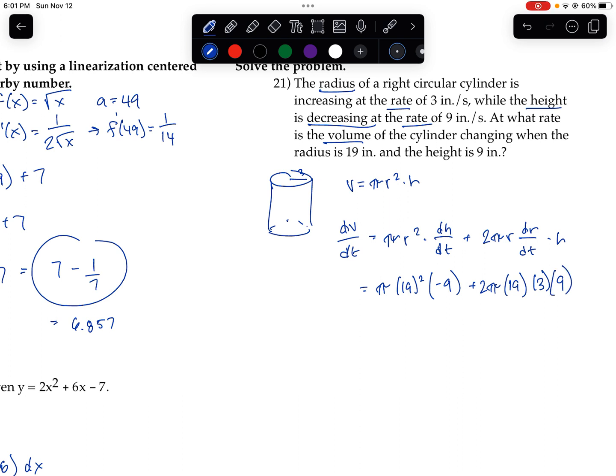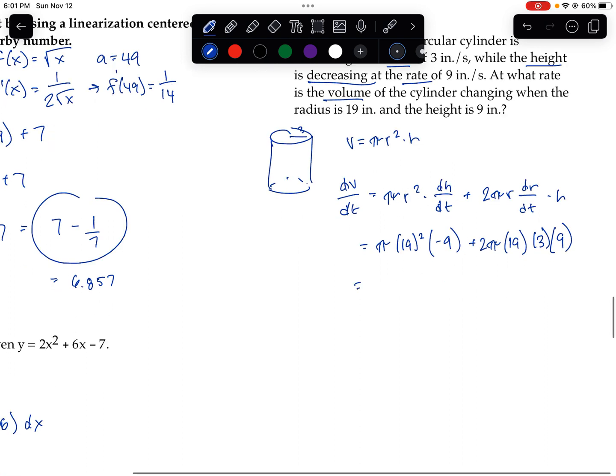So, punch that into a calculator. It looks like the calculator keeps it in terms of pi. If we do 19 squared times negative 9, we get negative 3249 pi, plus 2 times 19 times 3 times 9, and that's going to be 1026 pi.